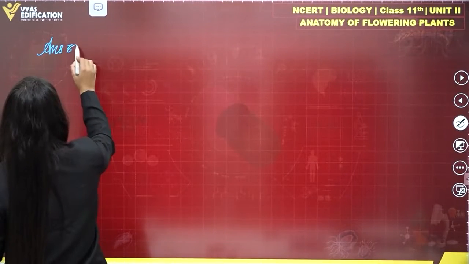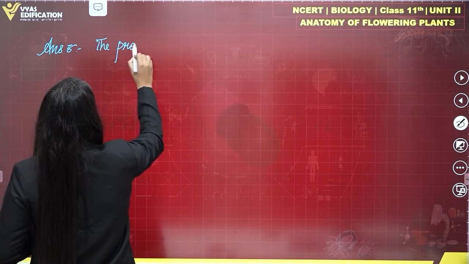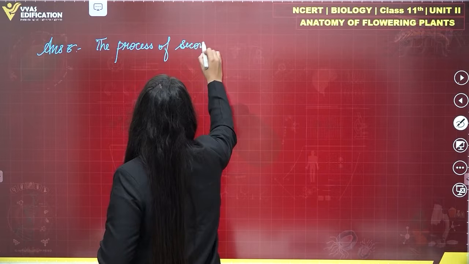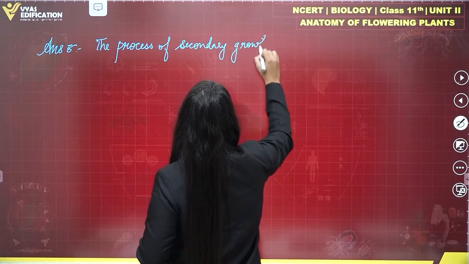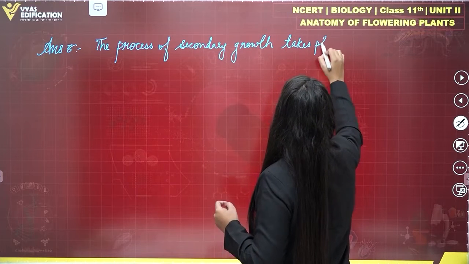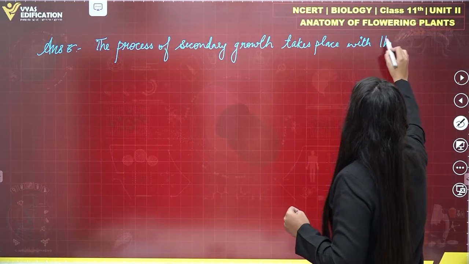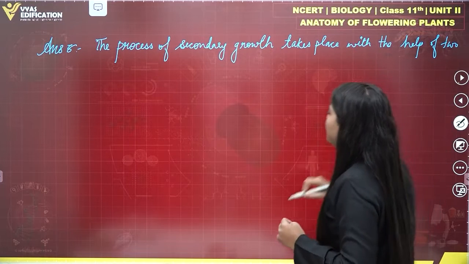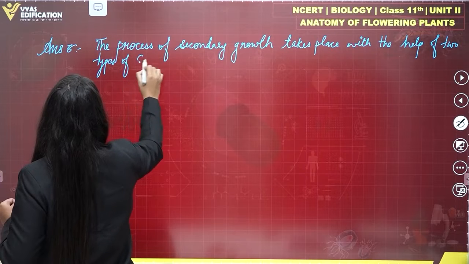Answer number 3. The process of secondary growth takes place with the help of two types of cambia.